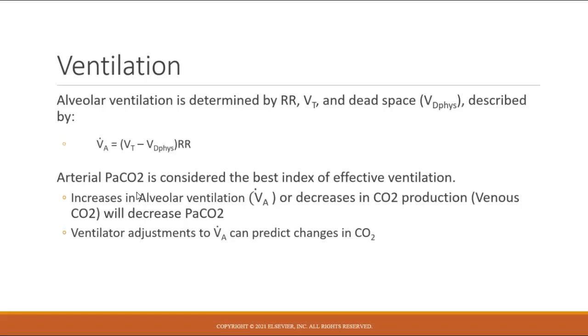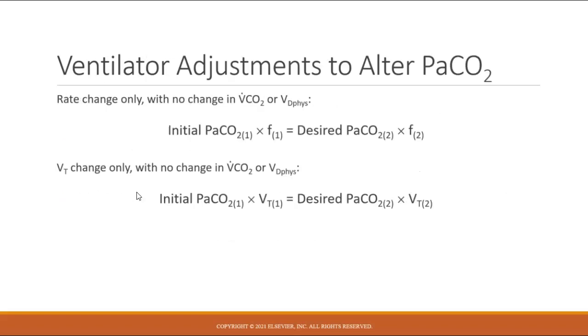So there's two things that affect that. If everything stays the same with CO2 production and how much metabolism my body's going through, then any adjustments that I make to my alveolar ventilation can make predictable changes to that CO2 level.